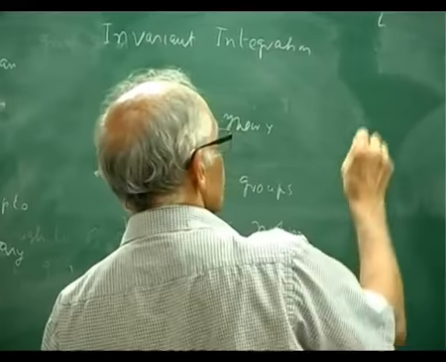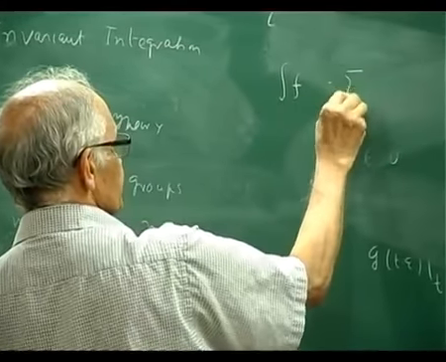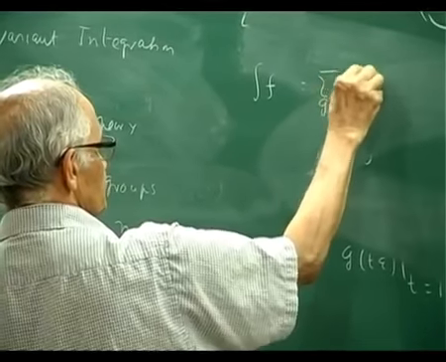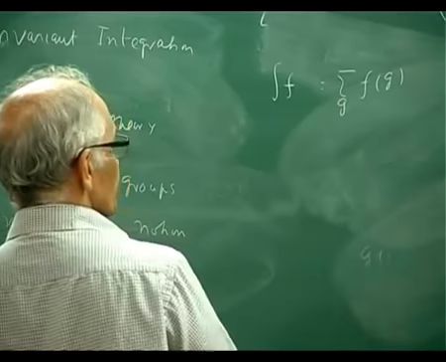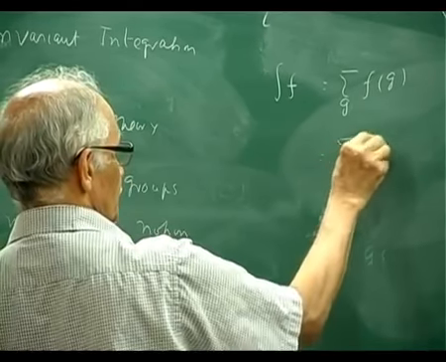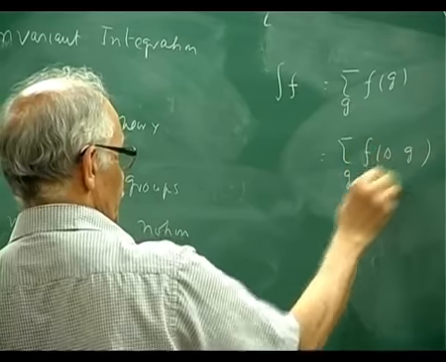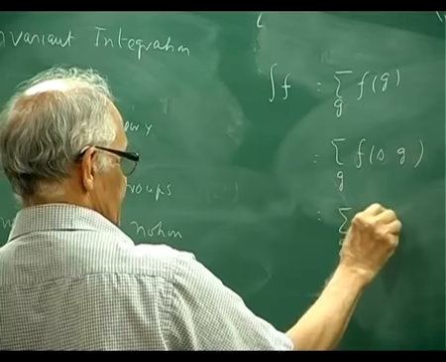Which is, let's say, the integral of f is the summation over g of f of g, right? And which had the property that the integral of f of gs is the same.